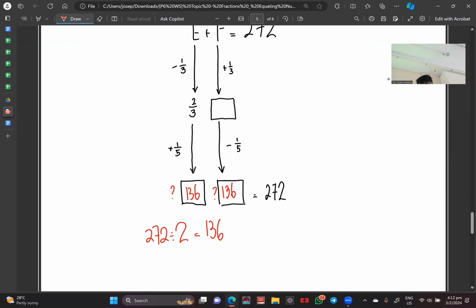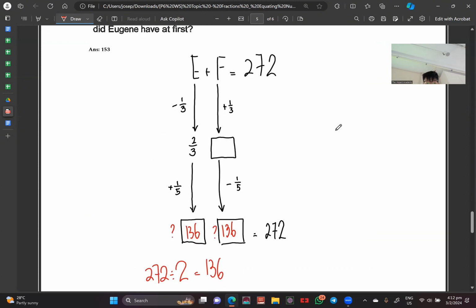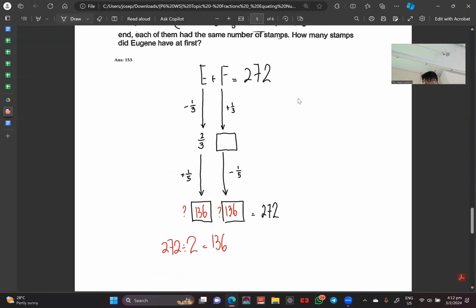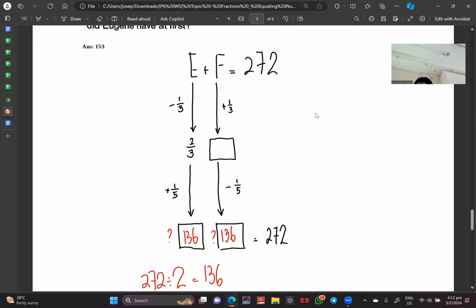Now, what exactly is this 136? Did you realize this 136 is actually 2/3 plus 1/5? What is this 136? 136 is equal to 4 units on the F side.